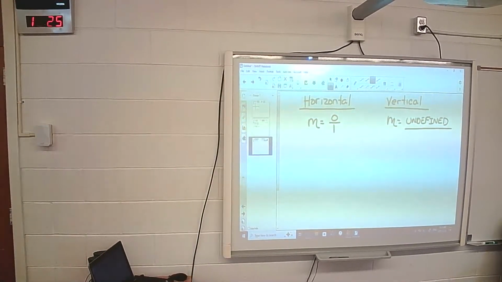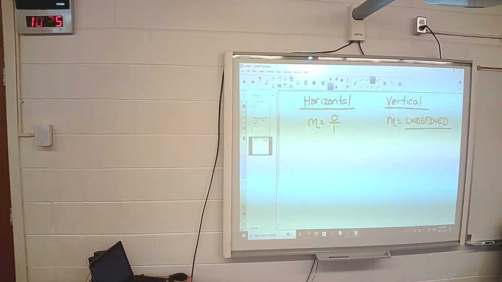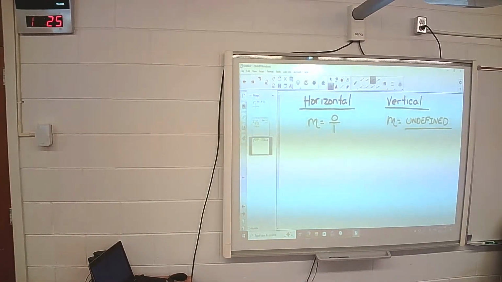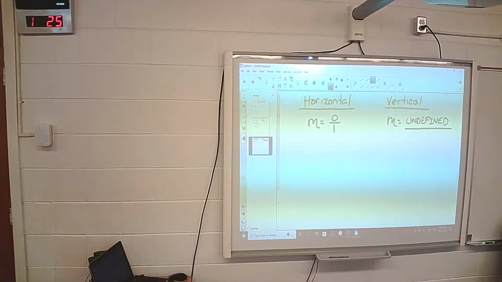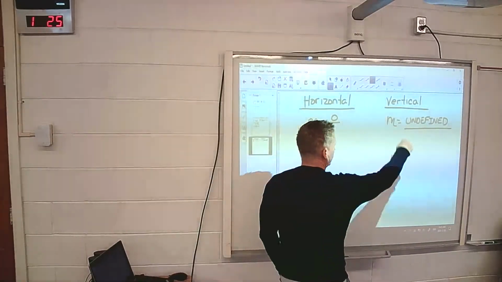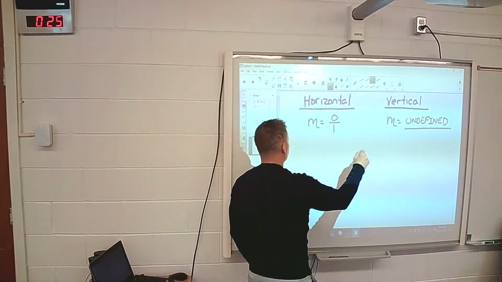Anytime you have 0 in the denominator of a fraction, it's undefined. All right. So that's for a vertical line, the one that goes up and down. This is horizontal, left or right.